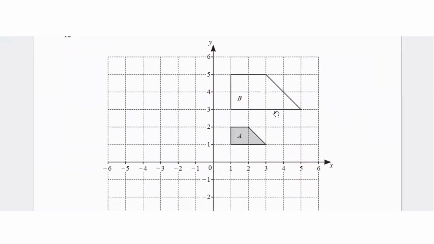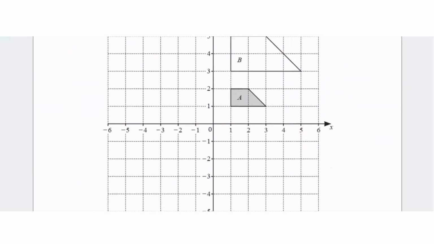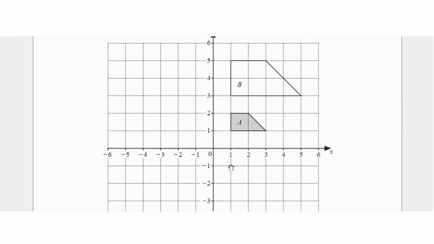Question 12 says, shape A and shape B are drawn on the grid. Describe fully the single transformation that maps shape A onto shape B. So if we look at shape A and shape B, we can see that the direction of the shape is exactly the same. What's different is that one shape is bigger than the other.